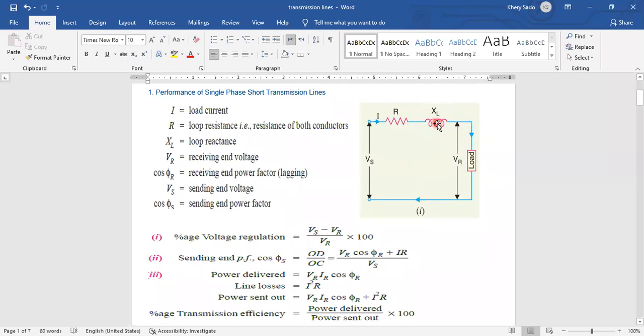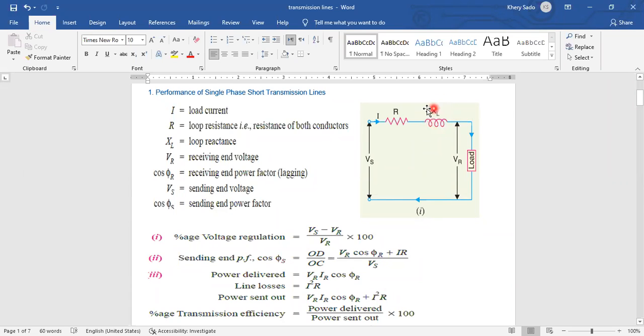Who knows how we can calculate XL if it's not given from the example? How can we calculate XL? XL is 2 pi FL.